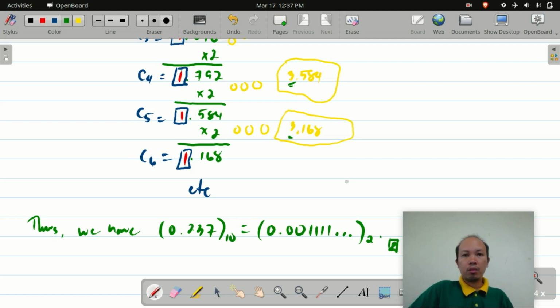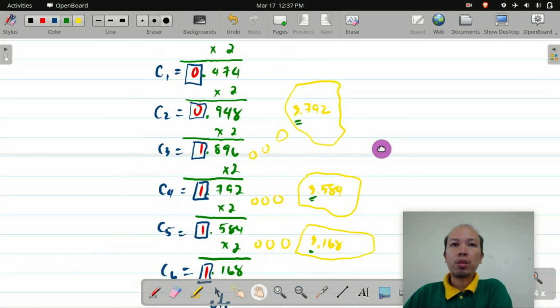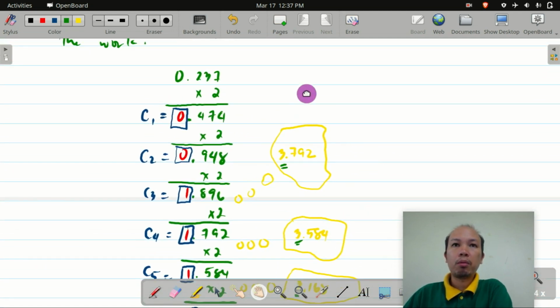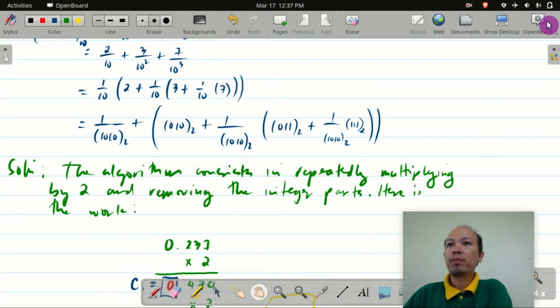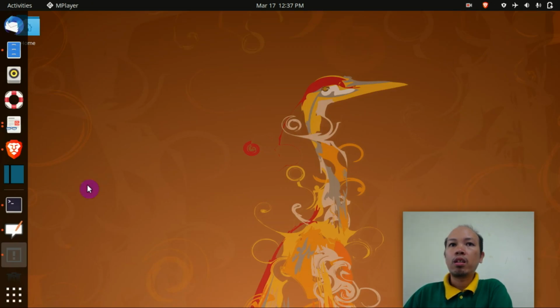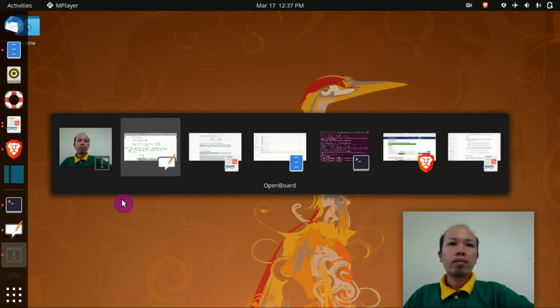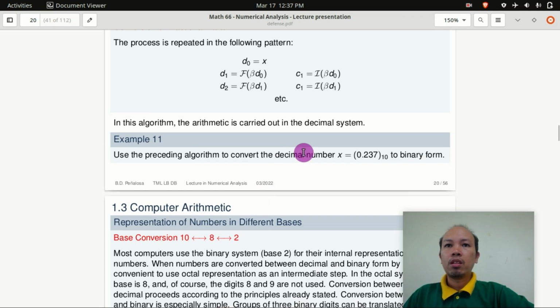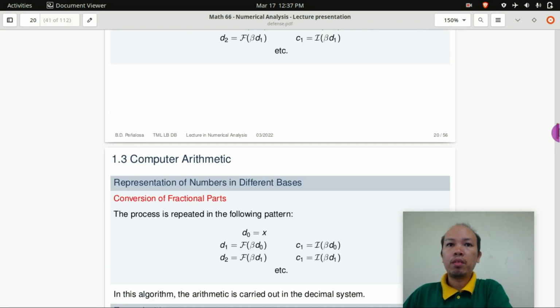So that's how you are going to convert a given number to its beta form. Okay, this will also work for any base. Remember that in our discussion, our beta is in general form.